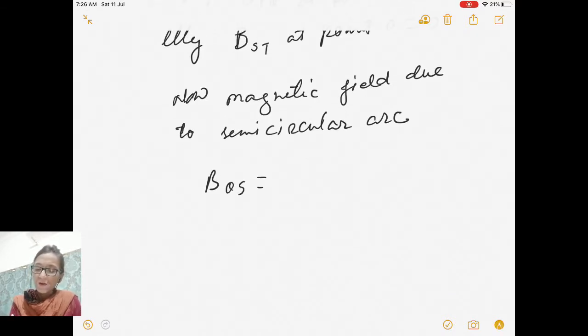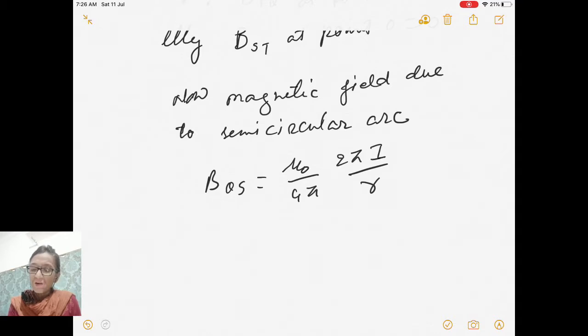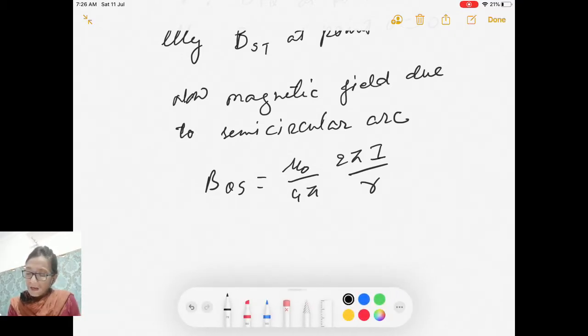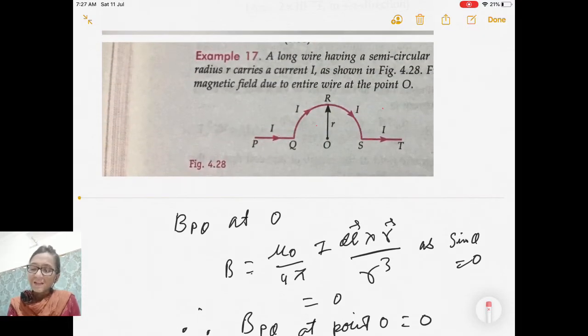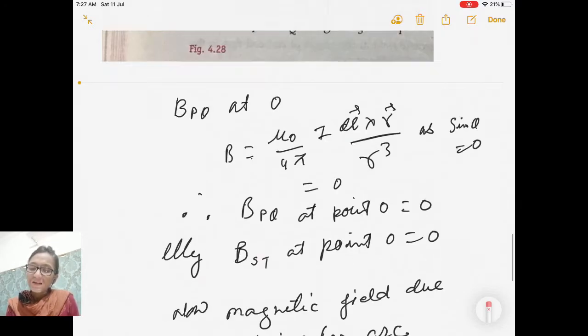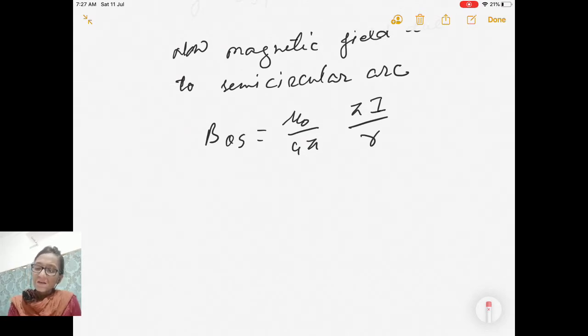BQS is equal to, let me write the formula, mu naught upon 4 pi, and 2 pi I upon R happens to be the magnetic field of a complete circle. Now you have a semicircle, so you will be writing only pi, because the angle the semicircle is making at this point is only pi. So the current is I, the distance is R. So this is your answer.